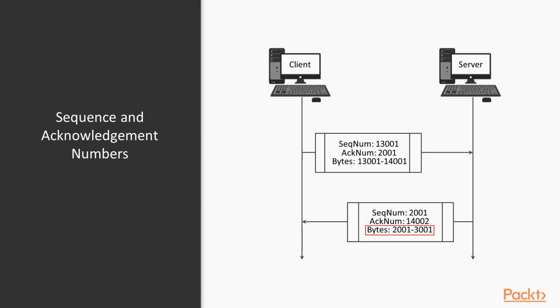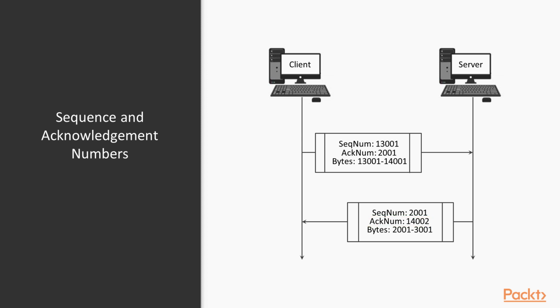Similarly, since the client on the right has received data bytes till byte number 14001 after the first data transfer from the client on the left, the client on the right sends acknowledgement number 14002, the byte it expects to receive next.